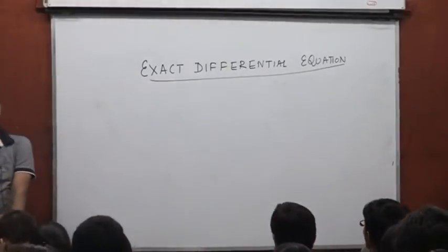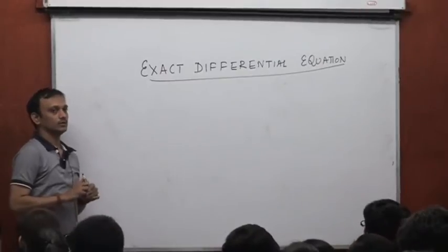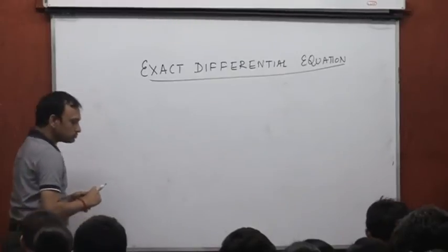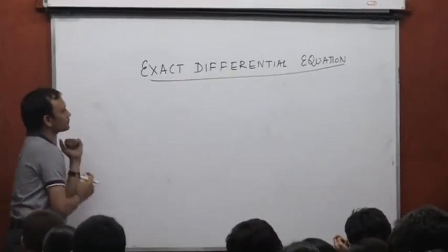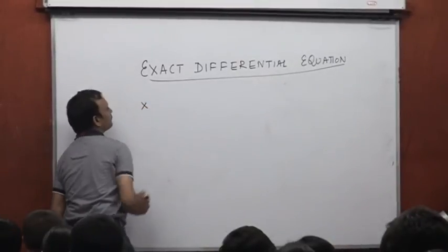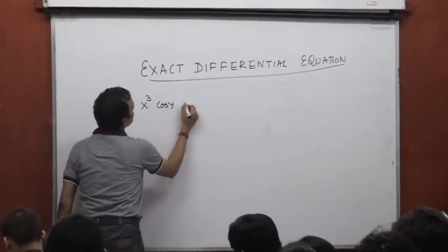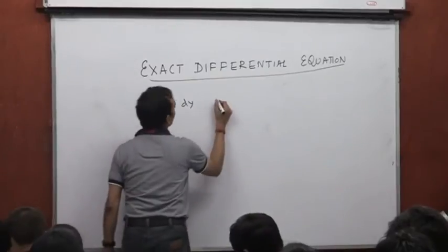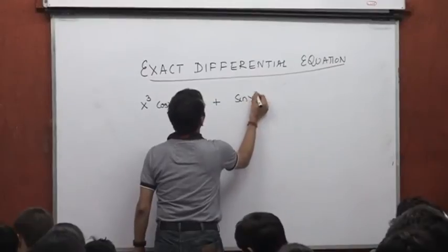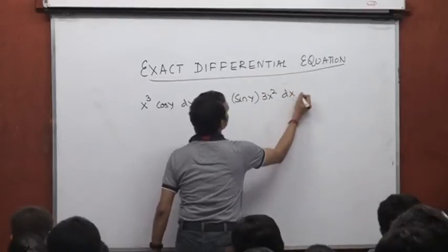An exact differential equation. For example, I have x cubed cos y dy plus sin y 3x squared dx equal to 0.